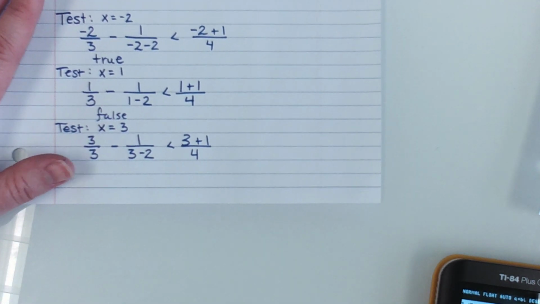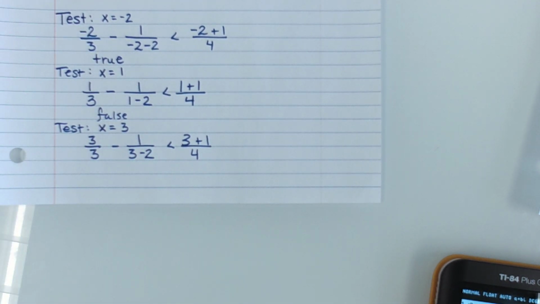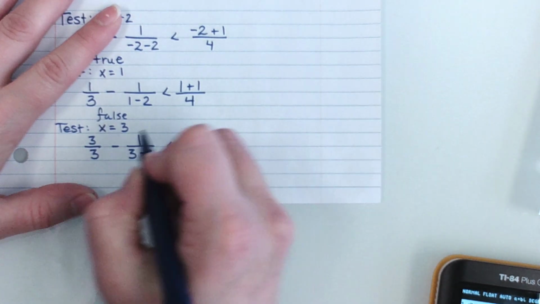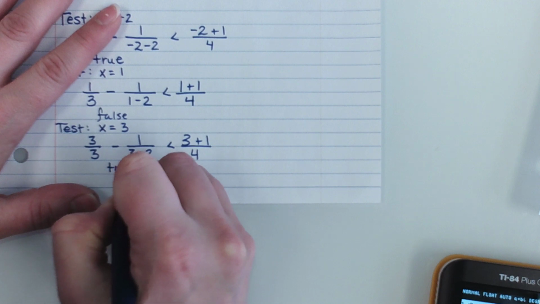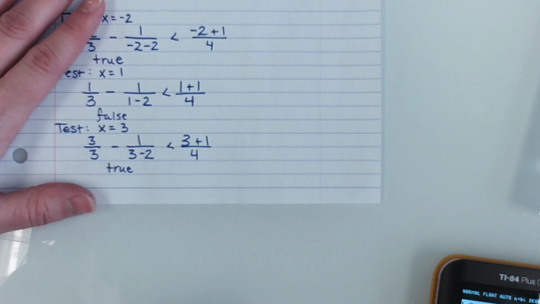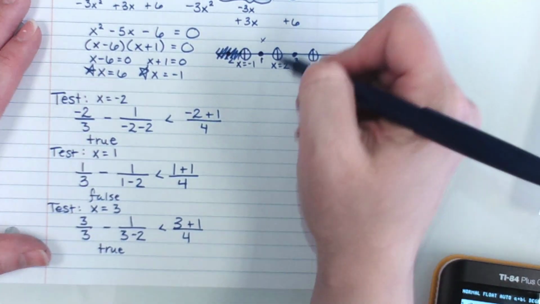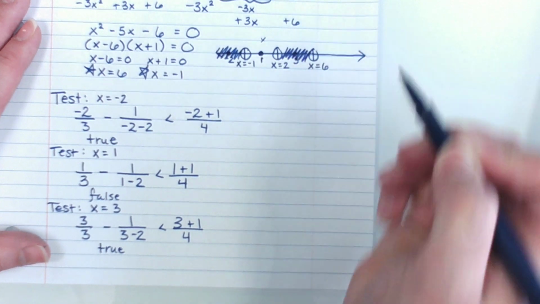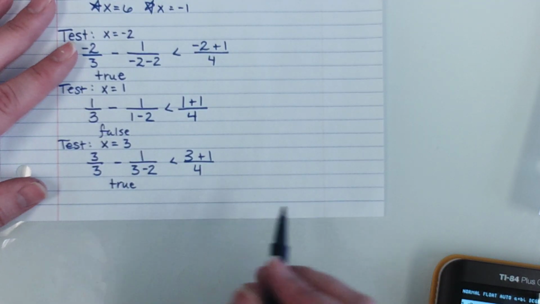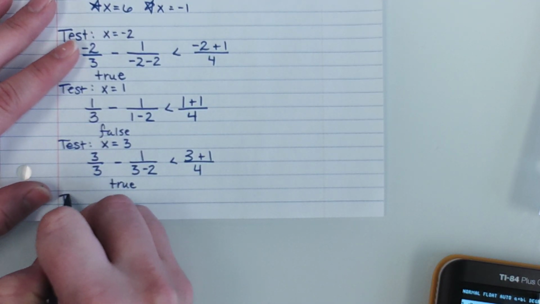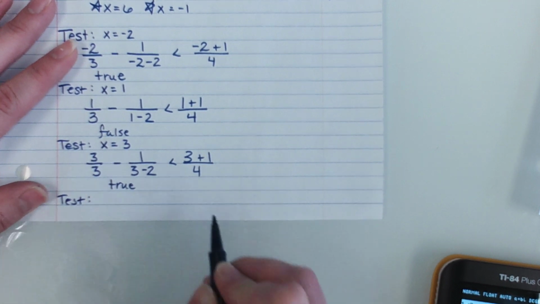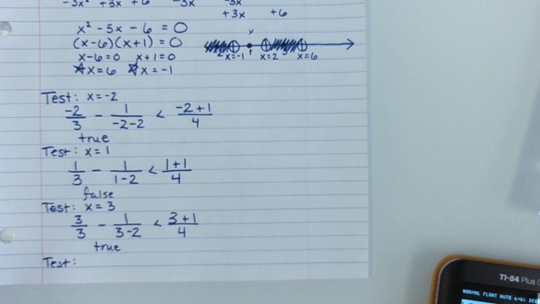I like 3, because this becomes 1 and this becomes 1, and 1 minus 1 is 0. And that side's 1. Is 0 less than 1? Yes. True. That region works. One more test to do, because this one has 4 regions.